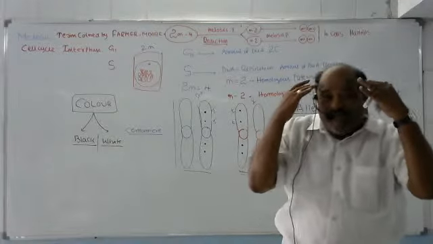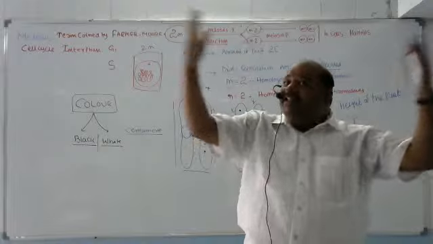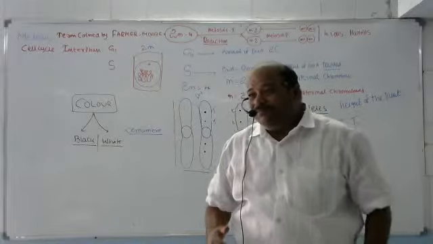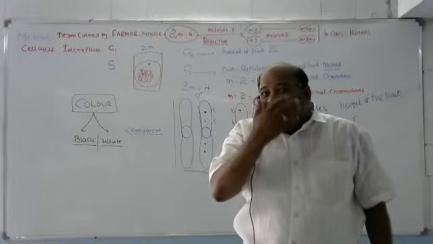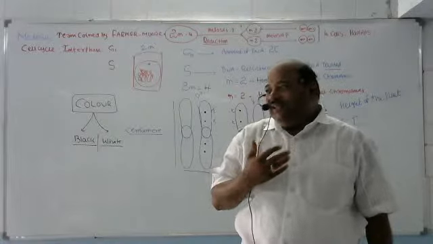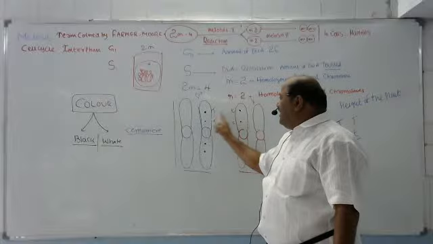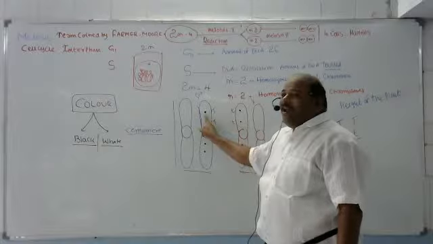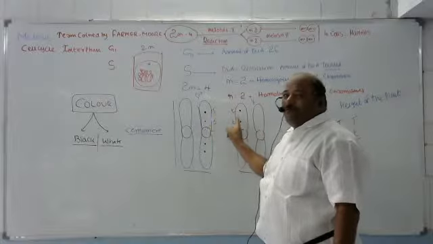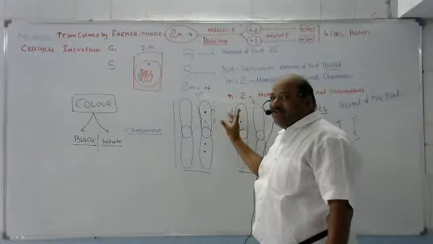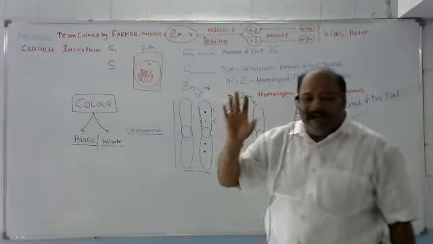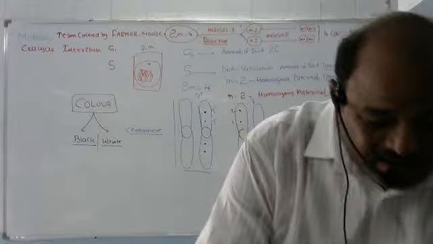Your face never matches with any other person throughout the country. So why do these variations take place? There is exchange of chromosomal material between the non-sister chromatids, that we will discuss. Are you clear? The homologous paternal and homologous maternal.